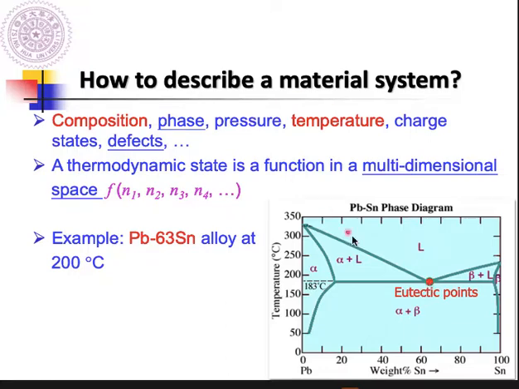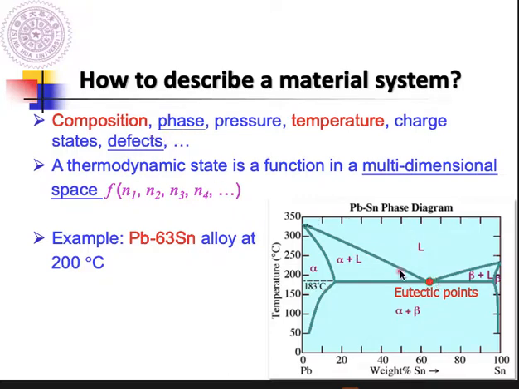Yes, probably you will say it is at 183 degrees C. That is the temperature, right? And also you will describe the composition, like 63% of tin, and the pressure, probably 1 atm.